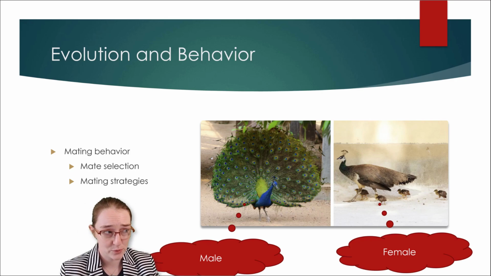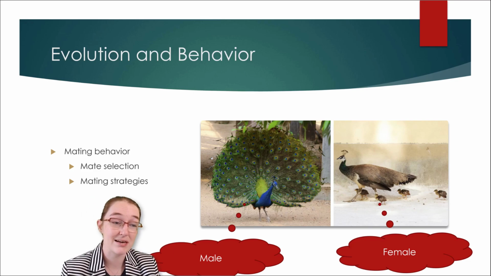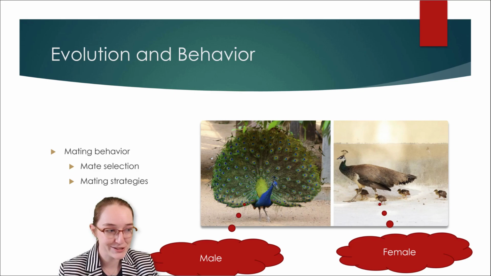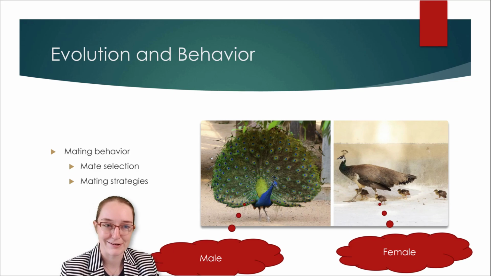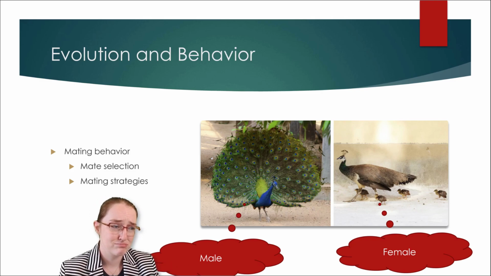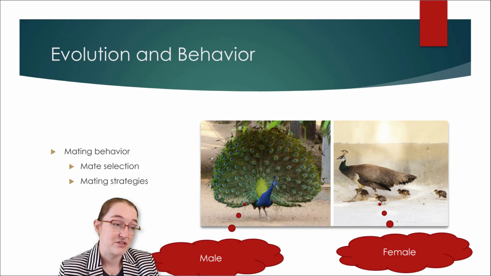Now, before I move forward, I want to explain why I use peacocks here. Peacocks are a really, really vivid example of how mate selection can create these bizarre scenarios. Female peacocks look like regular, typical birds. They're normal colored. It looks like they would blend in pretty well with nature. Male peacocks, not so much.